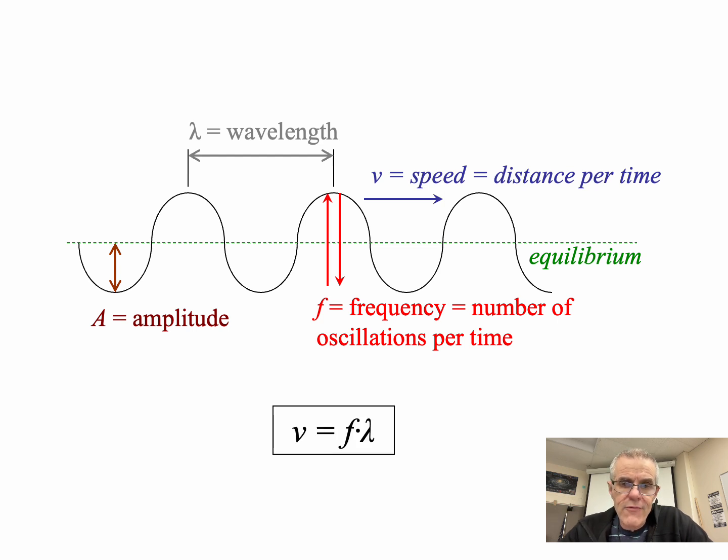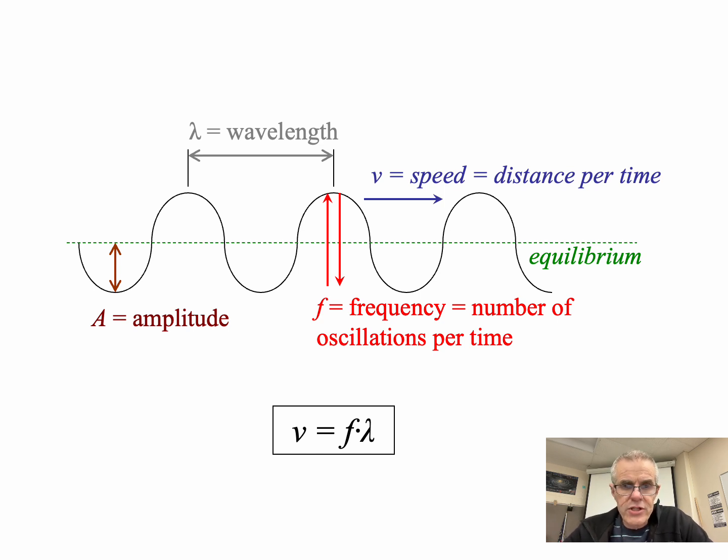We also have an equation that relates three of these variables. The speed of a wave is always equal to the frequency of the wave multiplied by the wavelength. Speed is distance per time, wavelength is the distance per one cycle, and frequency is the number of cycles per unit time. When I multiply, I get the distance per time, which is the speed of the wave.